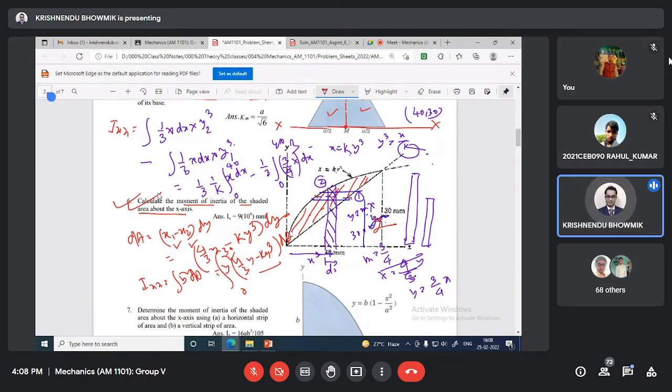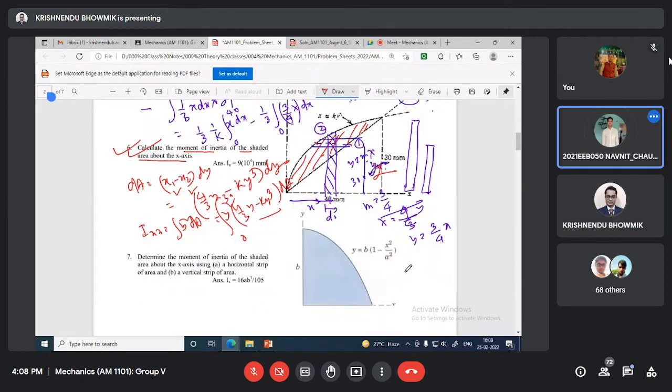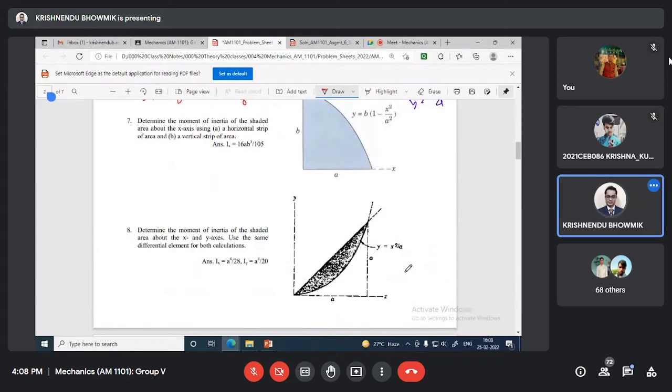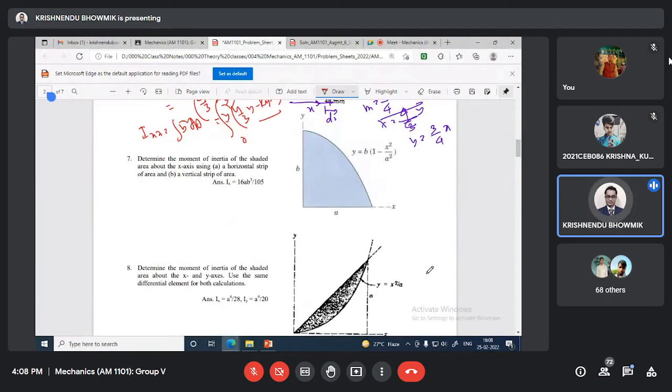Is 6 okay for you? Yes, either approach, sir, you can do. Now, 7: determine the moment of inertia of the shaded area about the x-axis using horizontal strip and vertical strip. Somebody can take the horizontal strip, then this is x and this is y.